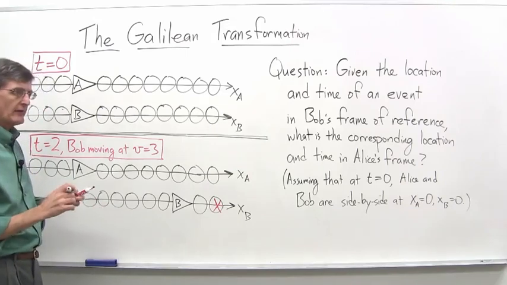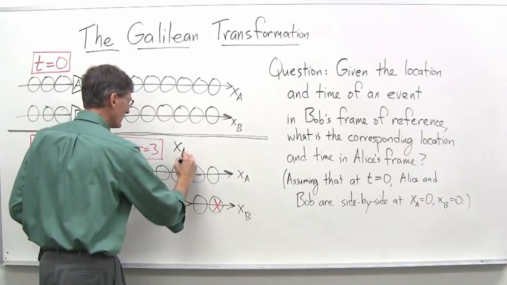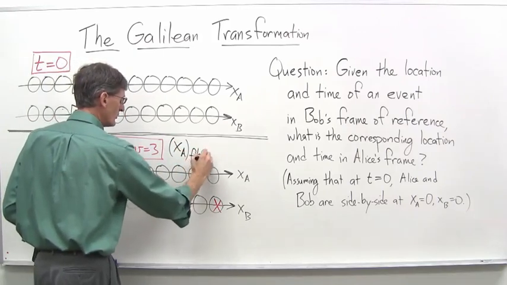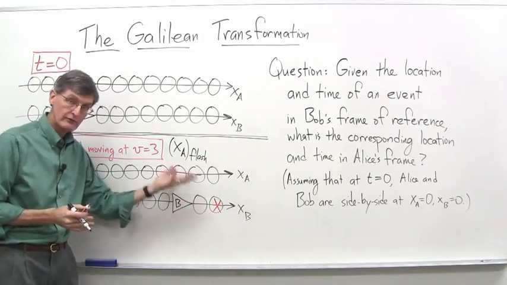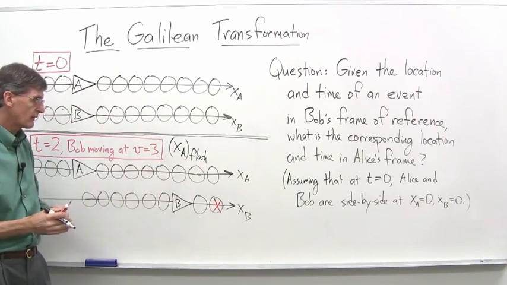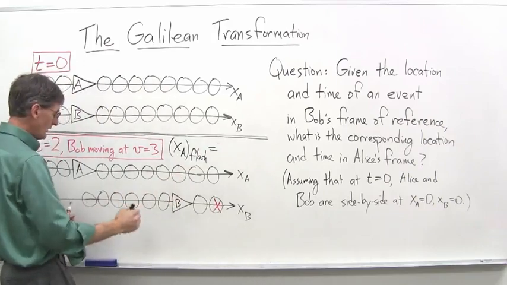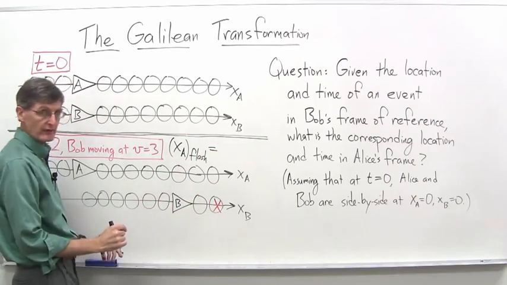We can say that xa of the flash. In other words, we know the position of the flash in Bob's frame of reference is at position 2. What's the position of the flash in Alice's frame of reference? Well, it's simply going to be the distance Bob has moved plus where he sees the flash occurring.